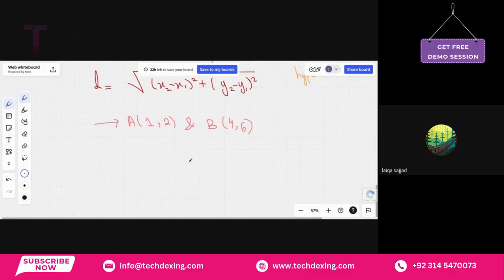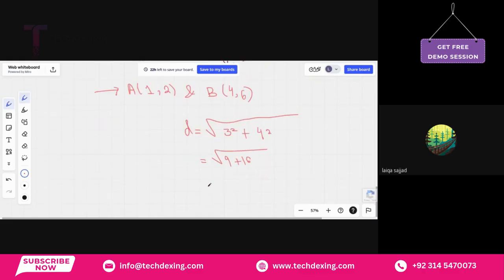We will simply do distance equals square root of 4 minus 1, which gives 3 square, plus 6 minus 2, which gives 4 square. So it will be equal to 9 plus 16, equals 25, and the distance will be 5.